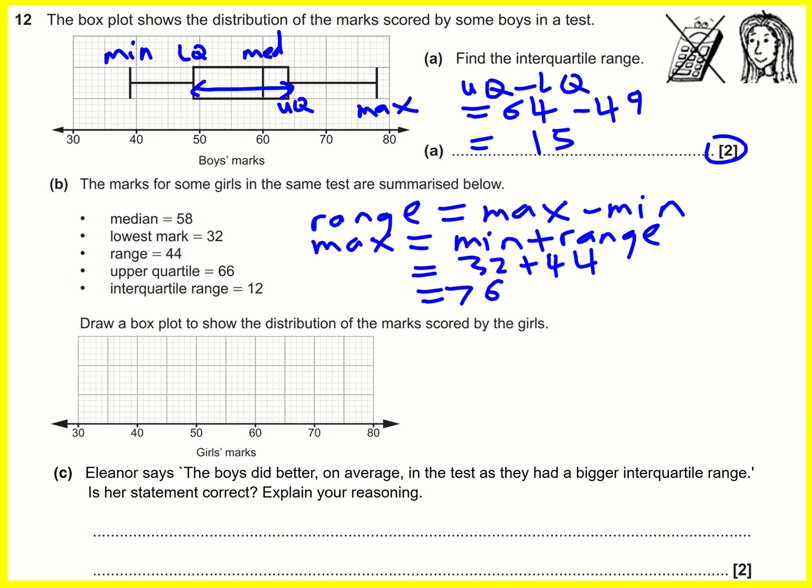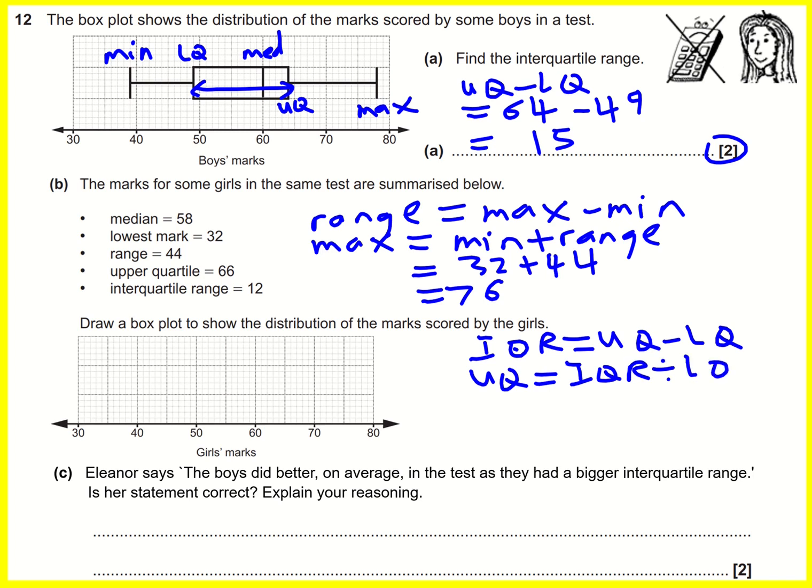Brilliant. And then I want to find the lower quartile. Well, above I had that the IQR, the interquartile range, is equal to the upper quartile minus the lower quartile. So I can rearrange this. It must be that the upper quartile is equal to the IQR plus the lower quartile.